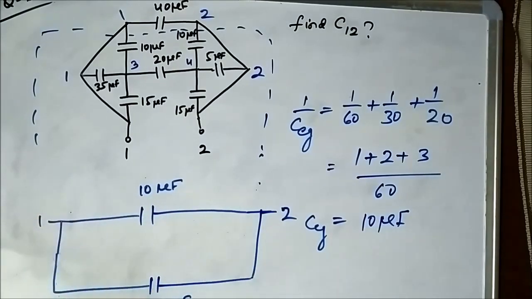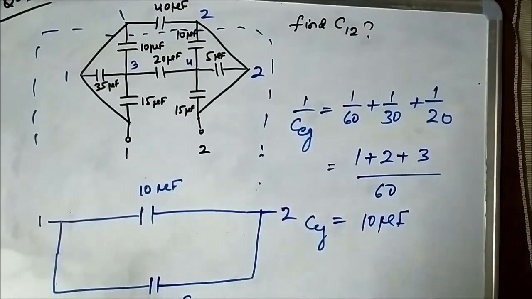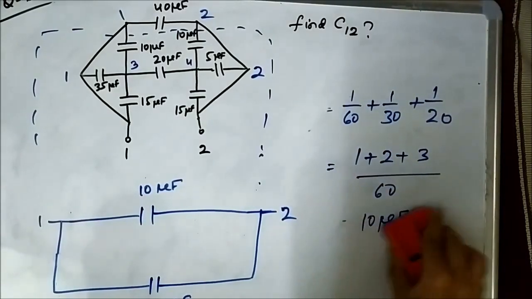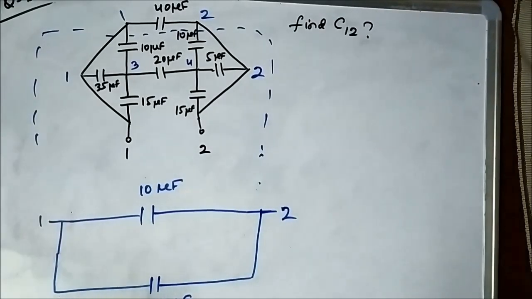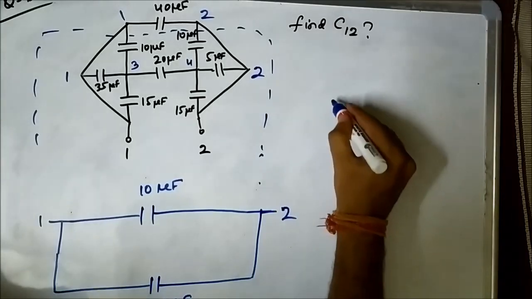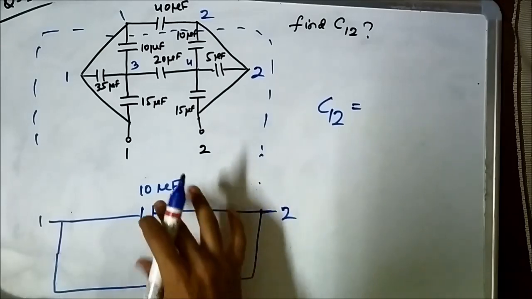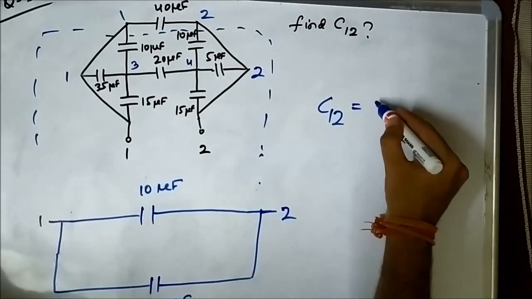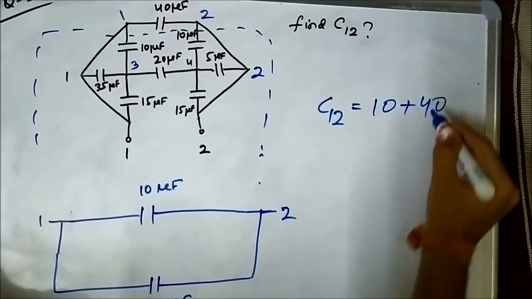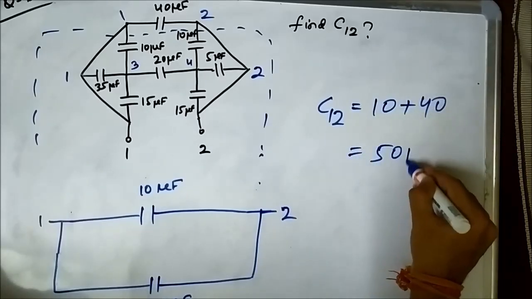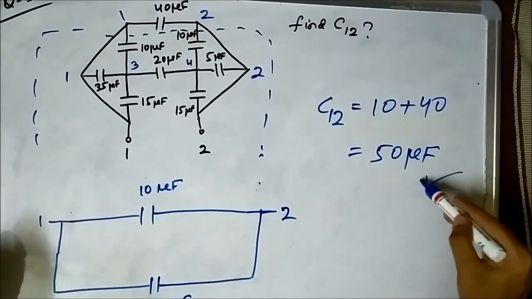So the total capacitance between the points 1 and 2 will be simply the addition of these two capacitances, that is C12, because they are connected in parallel. The 10 microfarad and 40 microfarad sum is 10 plus 40 equal to 50 microfarad. C12 is 50 microfarad.